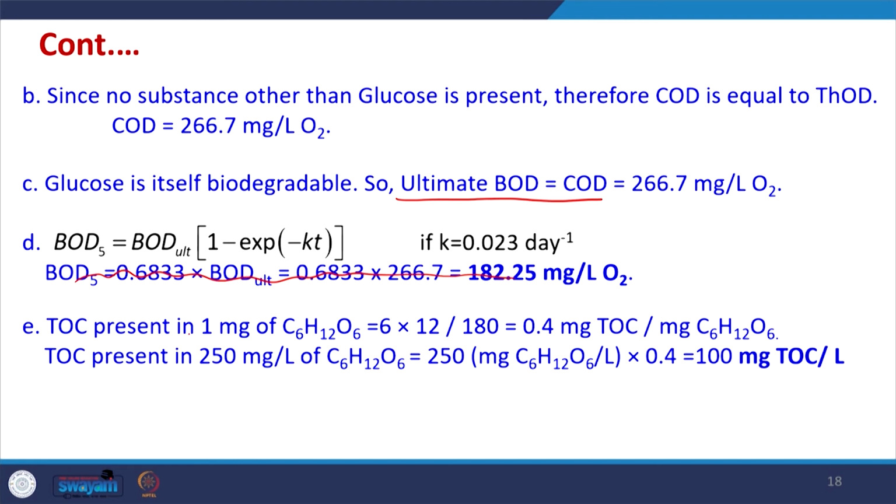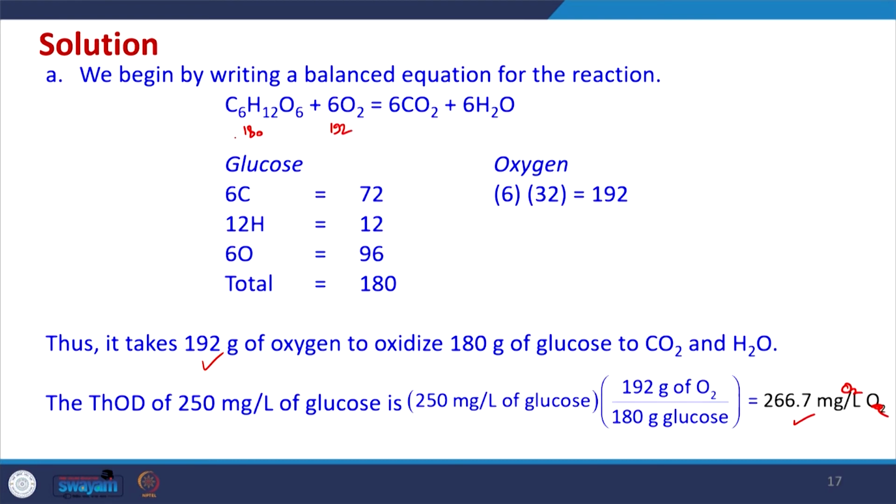Now, for TOC, if we see for the same reaction what the organic content is, it is 6 into 12, that means 72. So, 180 gram of glucose contains 72 gram of carbon.